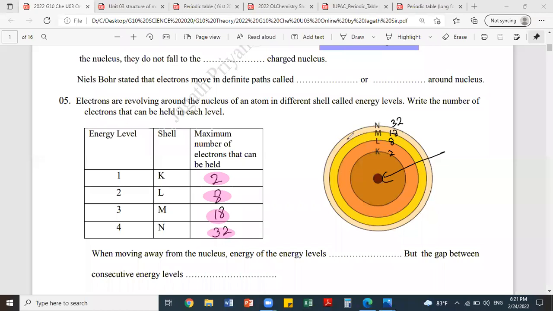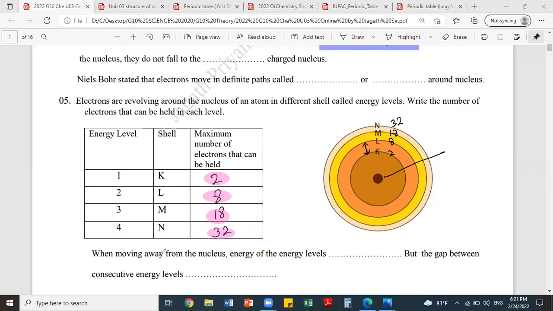That means the gap between the energy levels gradually decreases. Therefore, please highlight this: moving away from the nucleus, the gap between consecutive energy levels gradually decreases.